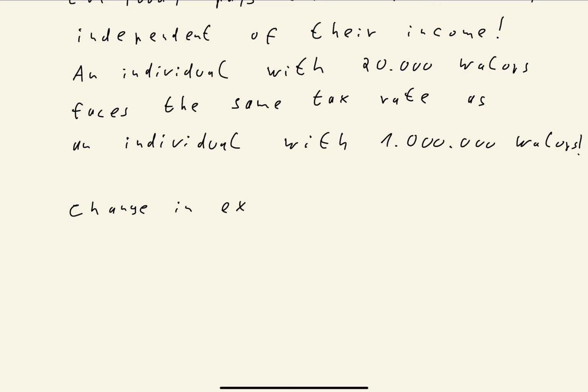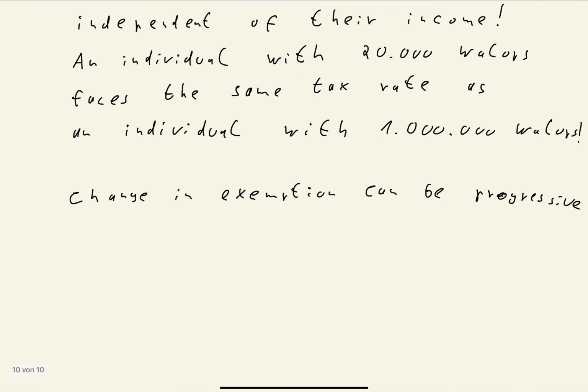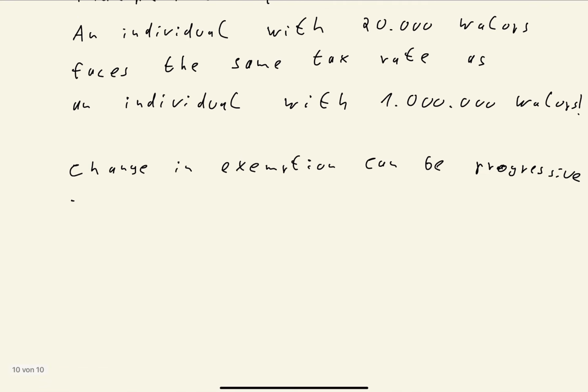Because we have an increase in exemption, this can be progressive. Let me give an example. We have individual 1.